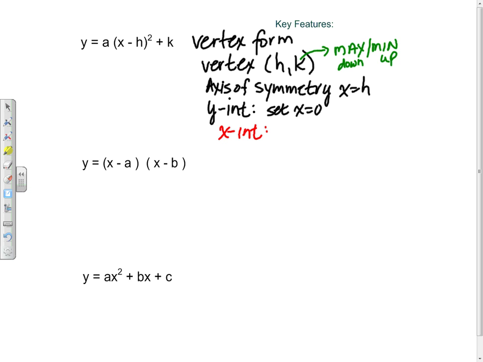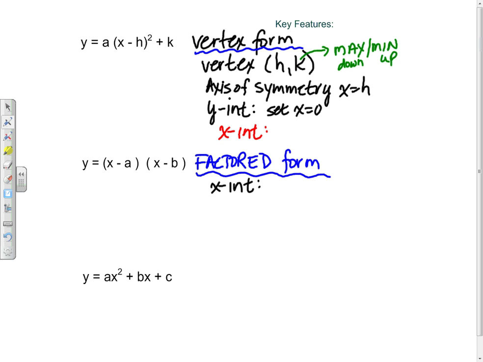For factored form, as you can see, it's in two sets of brackets looking like a multiplication. That is considered factored form. The easiest thing to find in this form are the x-intercepts. Two x-intercepts.